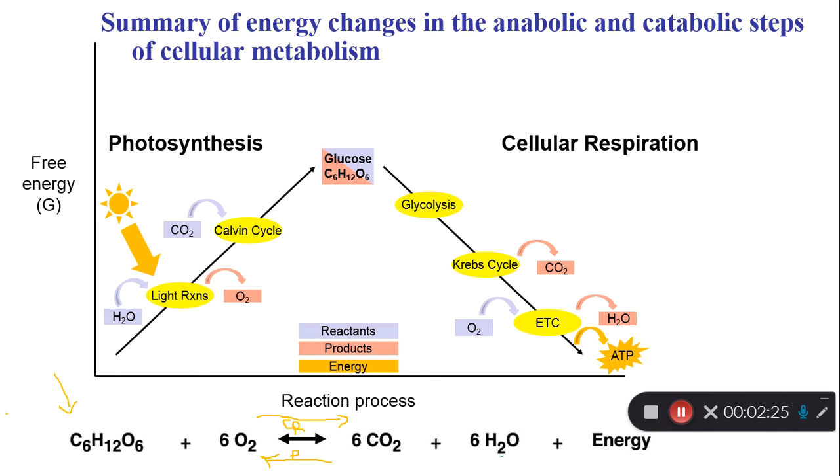So in cellular respiration, we consume glucose and oxygen to produce CO2 and H2O with a little bit of energy. In photosynthesis, we use CO2 and H2O and a little bit of energy to produce glucose and oxygen. If we put that back in the context of our free energy up here on the y-axis, you can see how glucose, used in cellular respiration and produced in photosynthesis, sits up here as our high potential energy molecule in both cases.